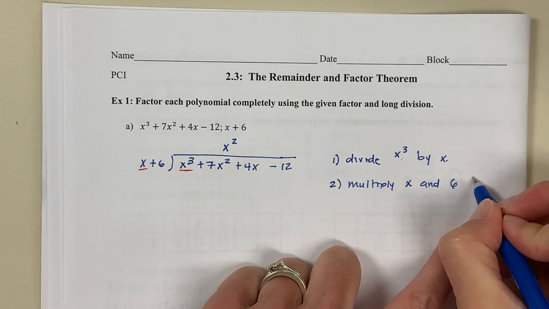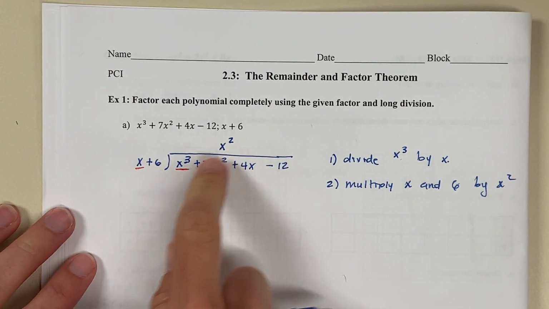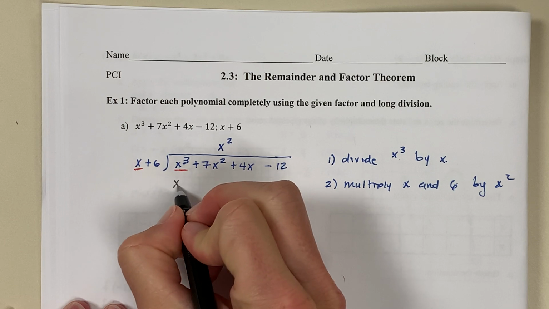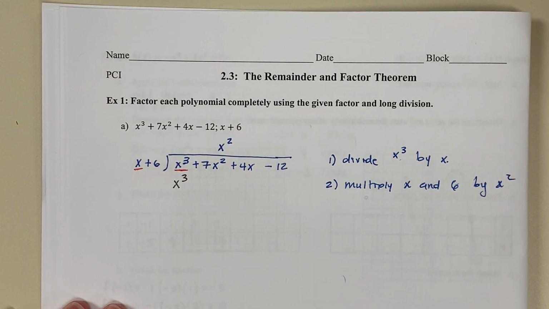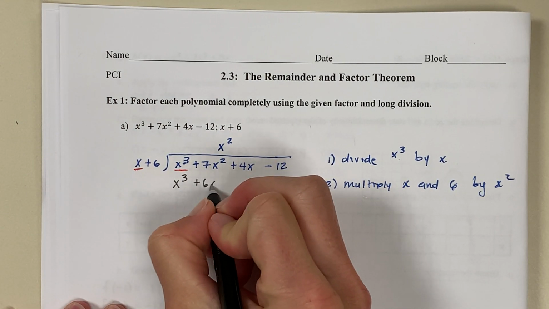Again, multiply x and 6 by x squared. If I take x squared times x, I get x cubed, and I want that to match that first term. And if I take x squared times 6, I get a positive 6x squared.